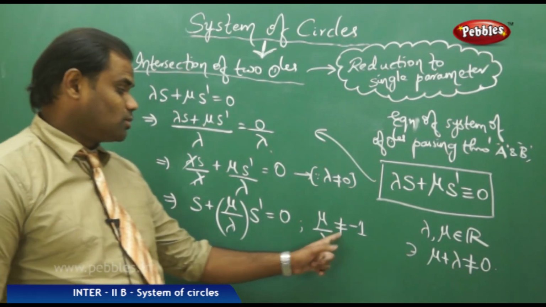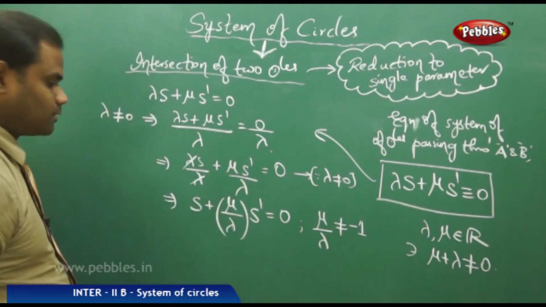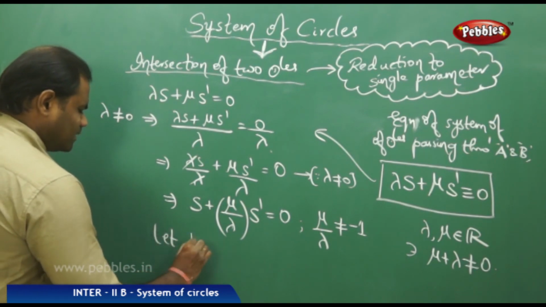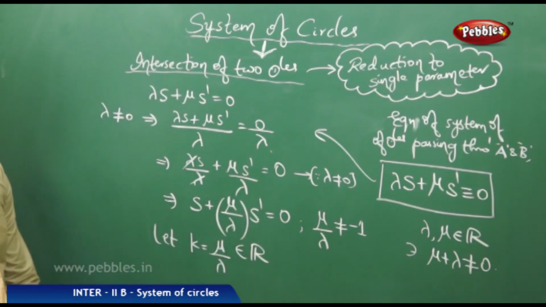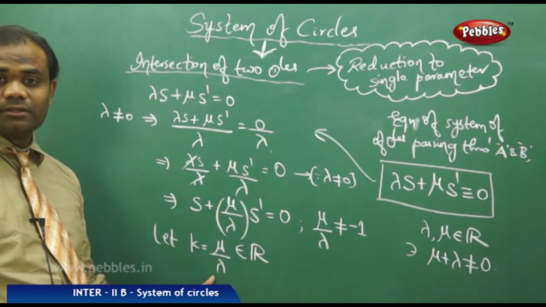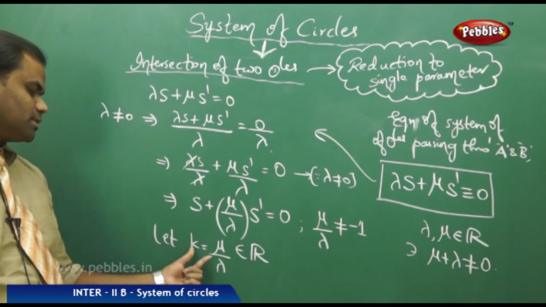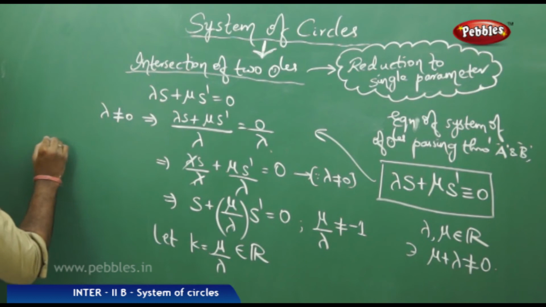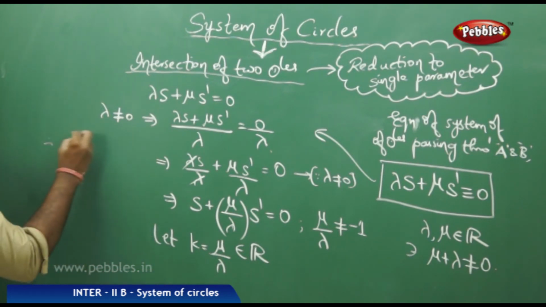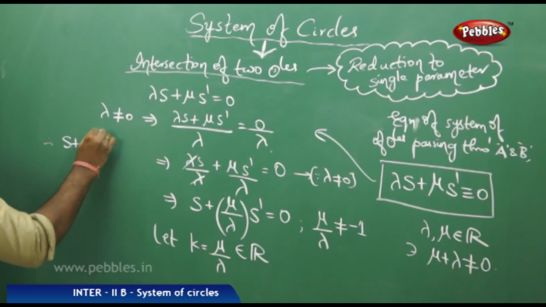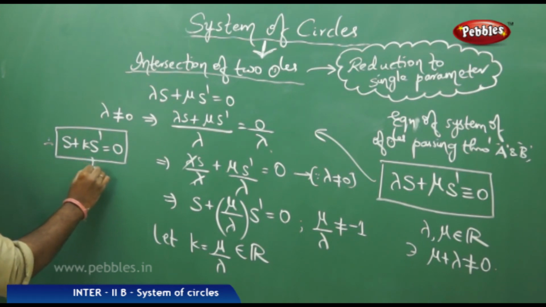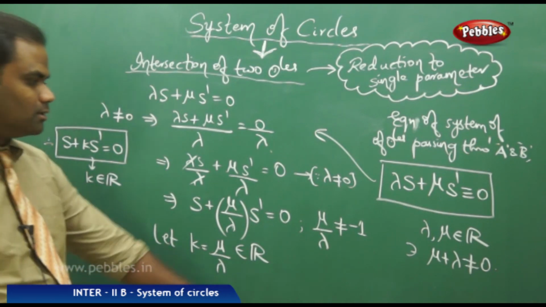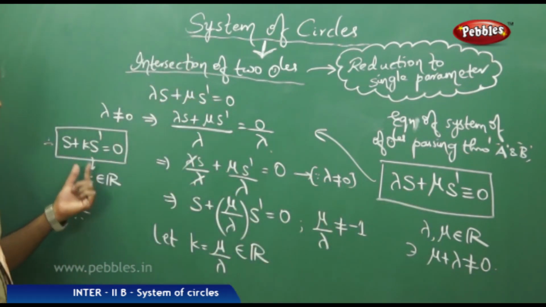Let's see why this is not equal to minus 1 in the following. Let k equal mu by lambda, which belongs to the real numbers, because mu is a real number and lambda is a real number, so the ratio of two real numbers is also a real number. Therefore, S plus kS dash equal to 0 is the new system of circles for k belonging to R. The two parameters are reduced to a single parameter k.